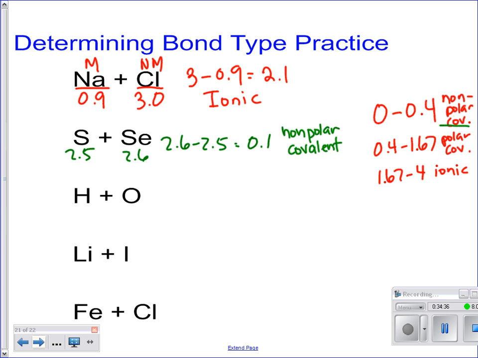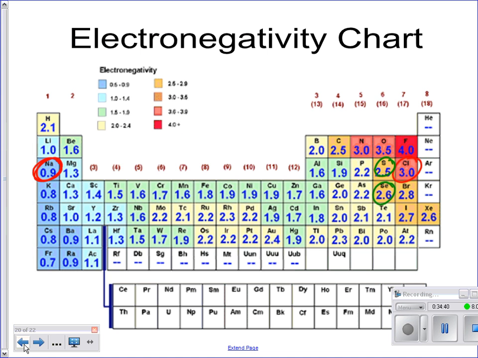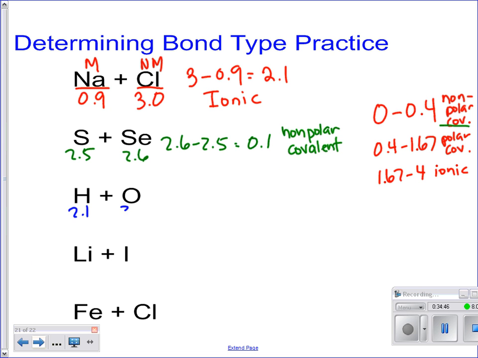So hydrogen and oxygen. Hydrogen is 2.1 and oxygen is 3.5. So go ahead and subtract the two, and we get 1.4. When we look at that, we're going to realize this is a polar covalent bond.